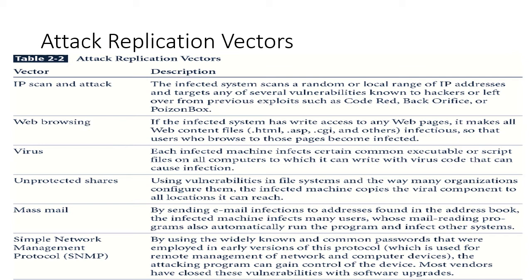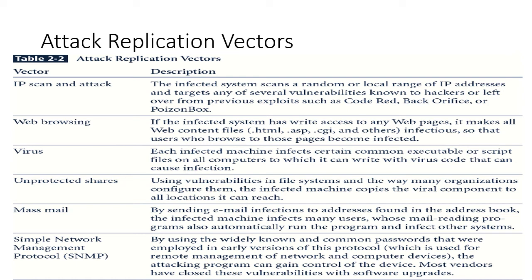An attacker can use a virus as a vector. Each infected machine infects certain common executables or script files on all computers to which it can write with various code that can cause an infection.